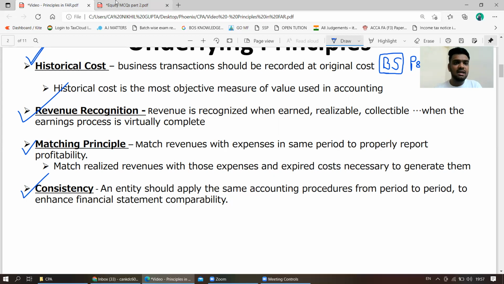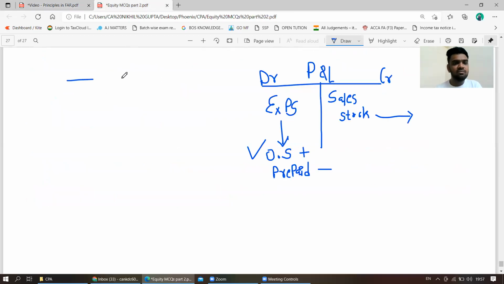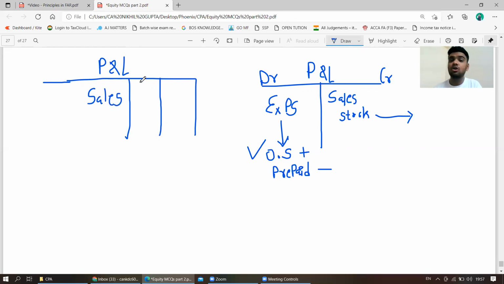I'll say it this way. If this is my previous year and this is the current year, the statement of P&L for the year ended December 2020, and I'm making it vertically, then the sales, the cost of sales, and the different expenses, I will put the values for the current year and the previous year as well.